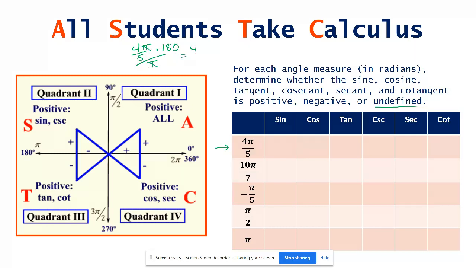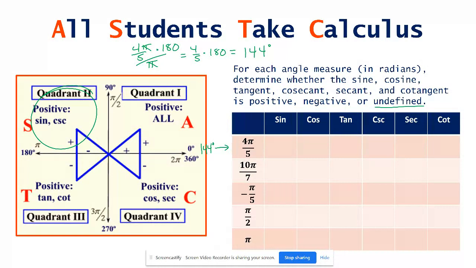I have 4/5 times 180, which is 36 times 4, which is 144 degrees. So 4/5 pi is 144 degrees, and I know 144 is in between 90 and 180, so that's going to put me in quadrant 2.